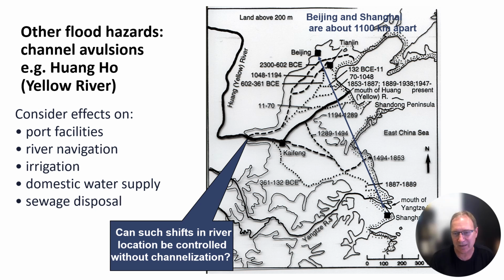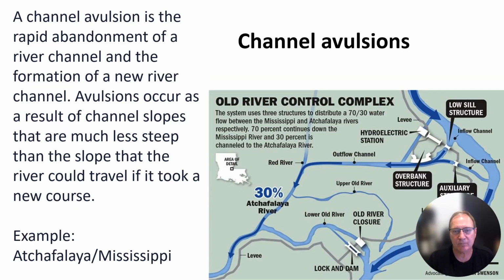And so how do we control that is quite challenging for much smaller tributaries, much less something as substantial as the Mississippi River. When a channel avulsion occurs, a river can rapidly abandon the typical channel that it has been within. The avulsion can lead to a new channel being created and a new direction flowing for the river.